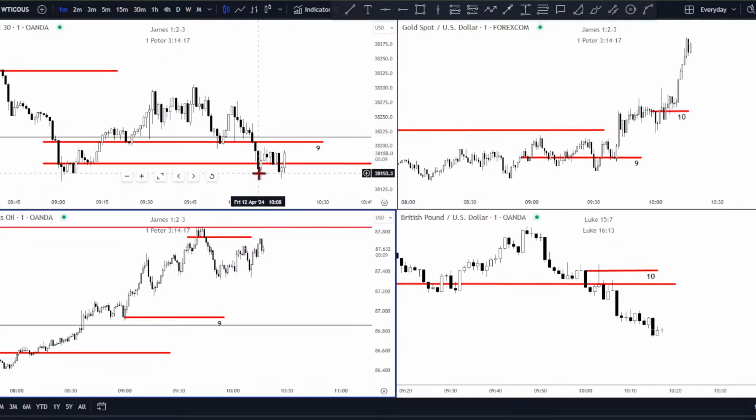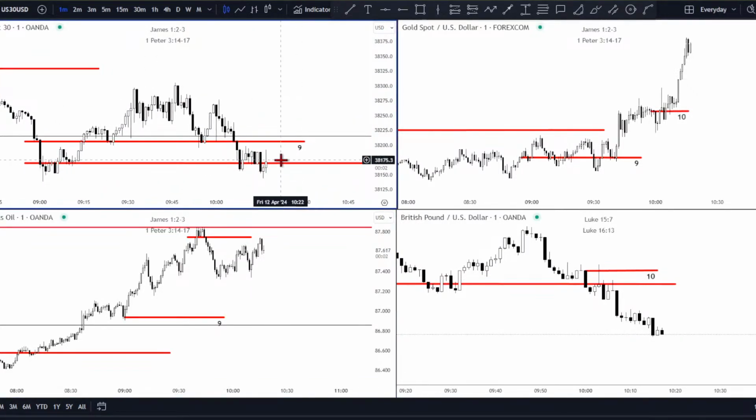I am watching US 30 right now. The way that this 5-minute high they broke, they made a higher high. I'm watching this pattern right now.